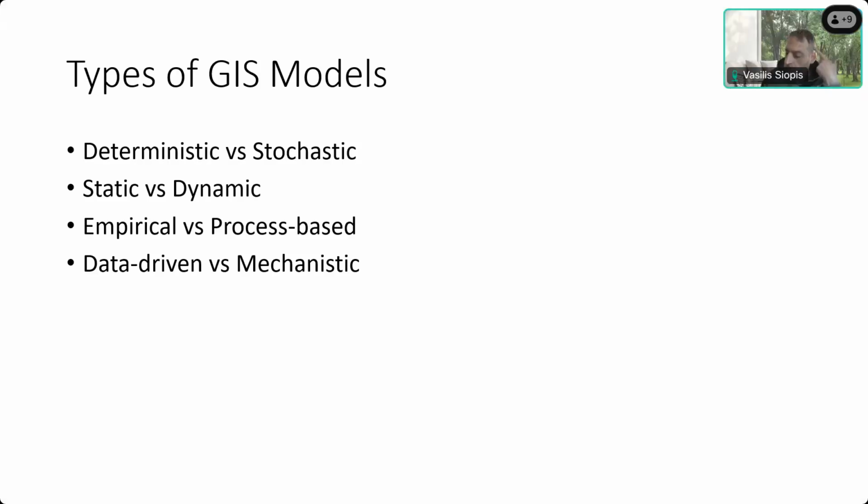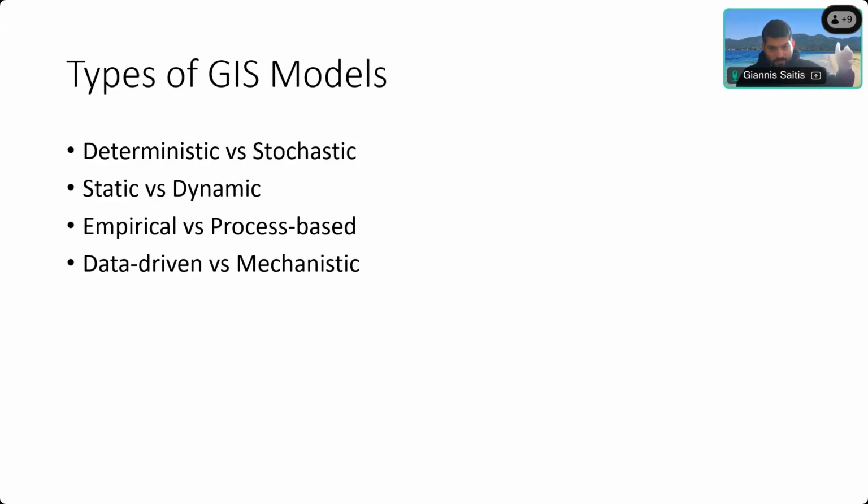So in the deterministic, as we said, we make assumptions. We have to be very sure that the probability of this assumption is correct in order for the model to be correct. Usually the deterministic models are very specific models. They run specific algorithms. Their main characteristic that you need to keep in mind is that you provide a specific data input, and they will always make the same assumption, and you will get the same output.